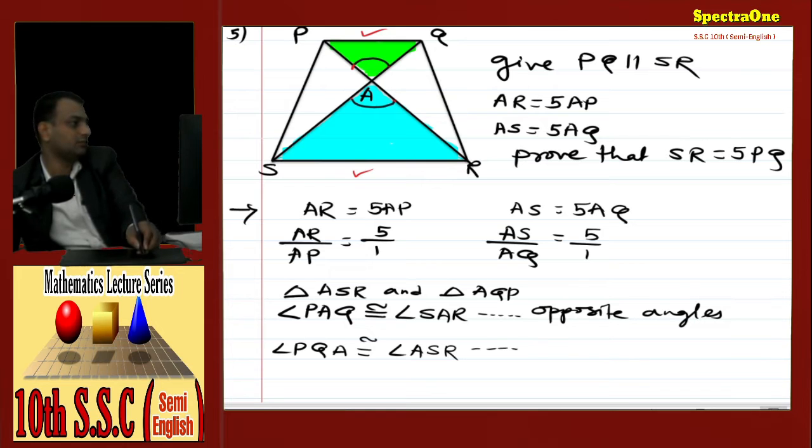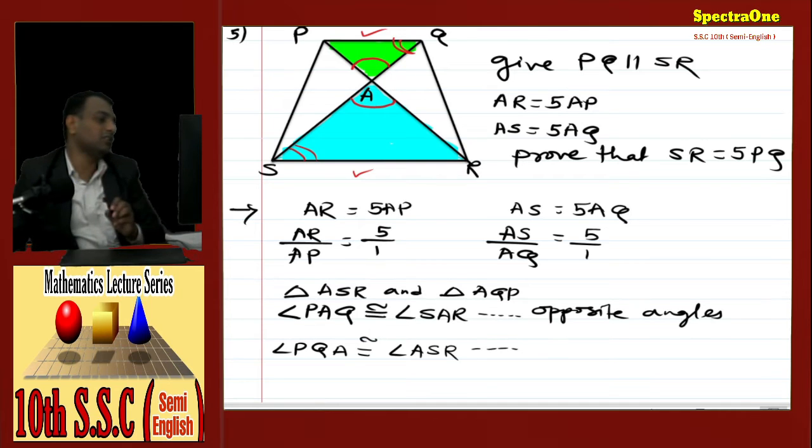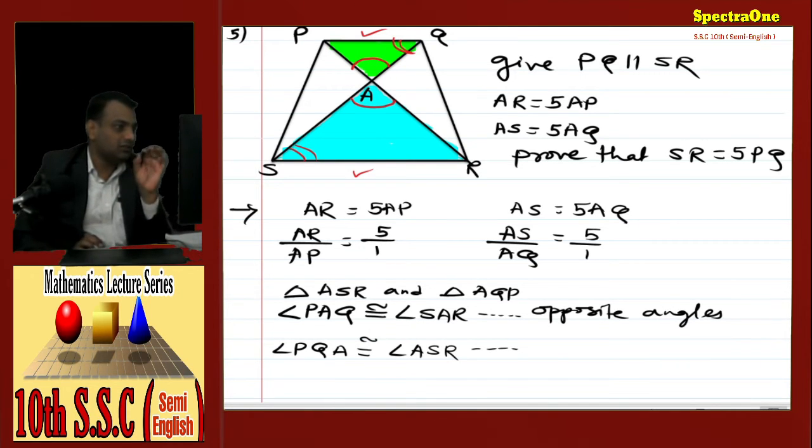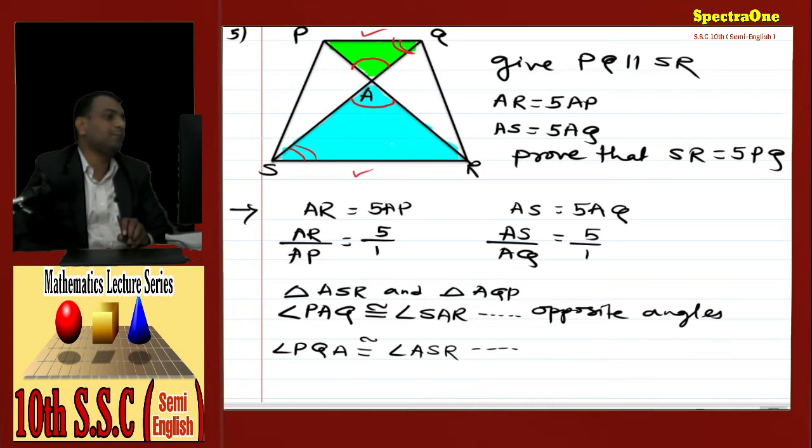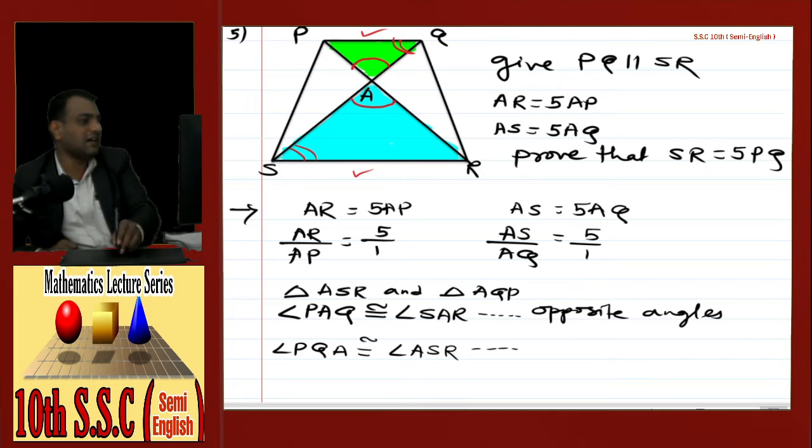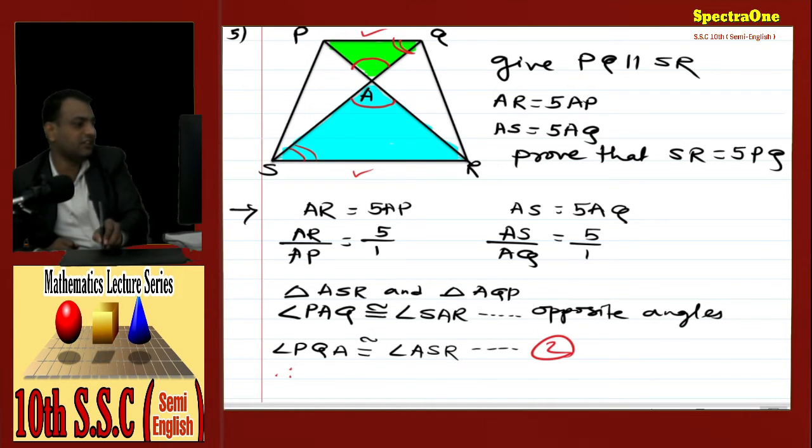Therefore, in triangles ASR and AQP, this is equation number one.